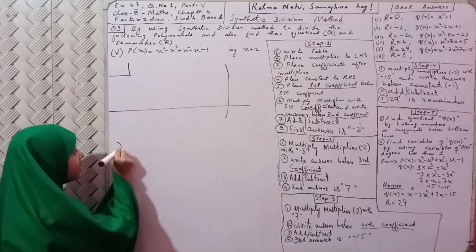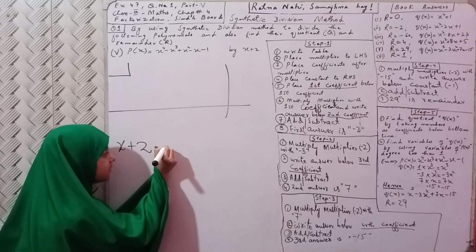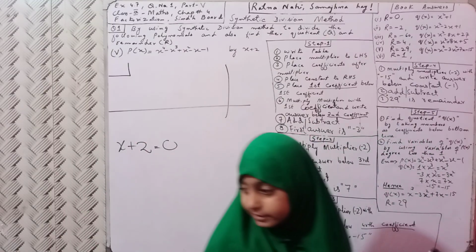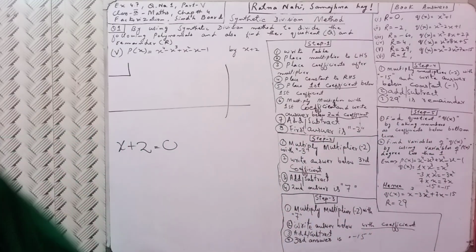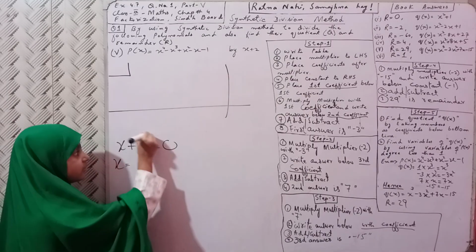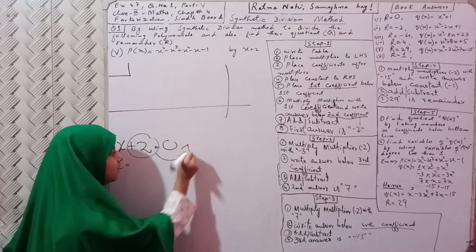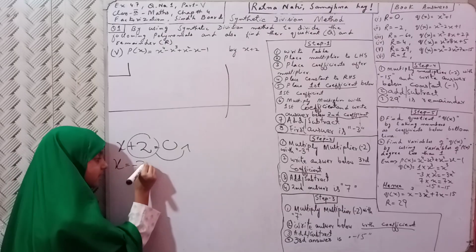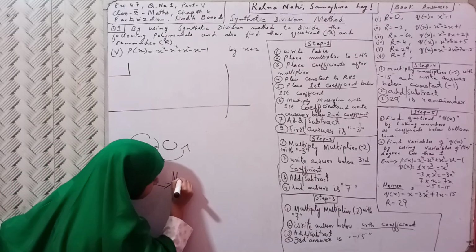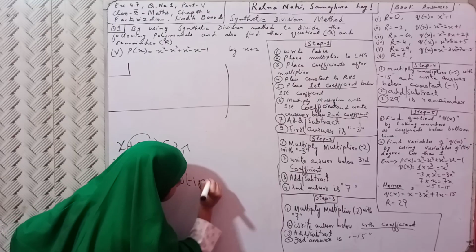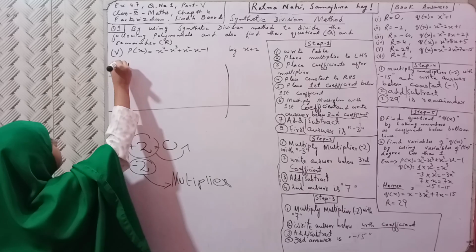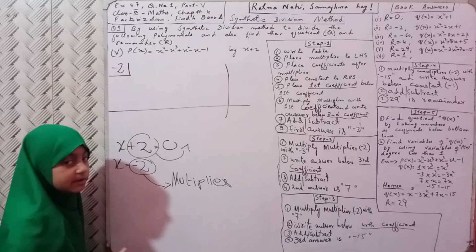First of all, x plus 2 is equal to 0, so x is equal to minus 2. This minus 2 is called the multiplier. So the minus 2 will become here.